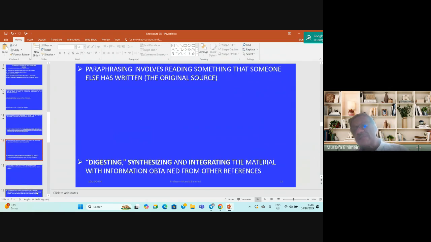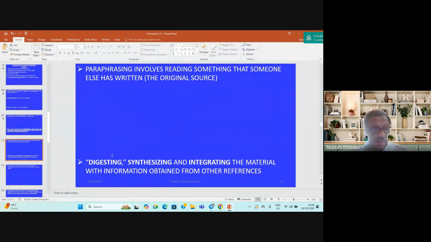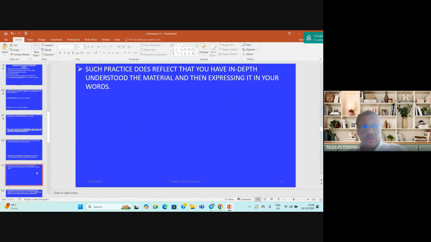Paraphrasing involves reading something that other investigators have done, and then you carry out some sort of digestion of the material, or some sort of synthesization or integration of this material obtained from different sources. So it is better that you go for different sources, you get the literature, and then you make some sort of digestion, some sort of synthesis, some sort of integration and completion of the literature, and then you display them in your article or in your thesis.